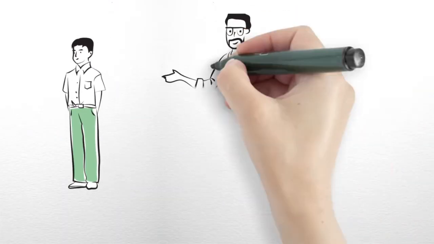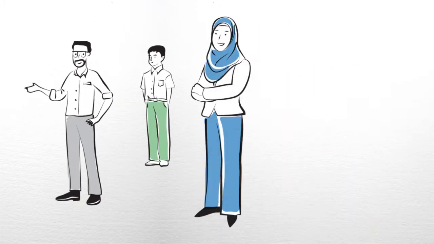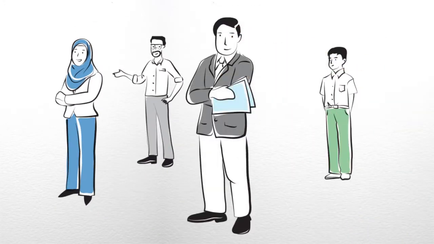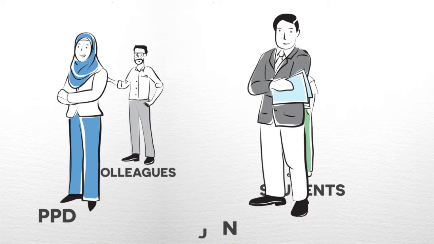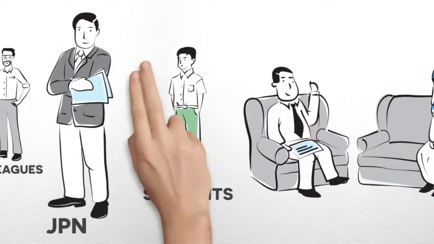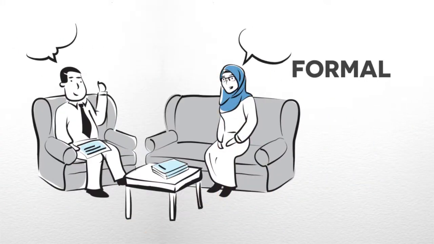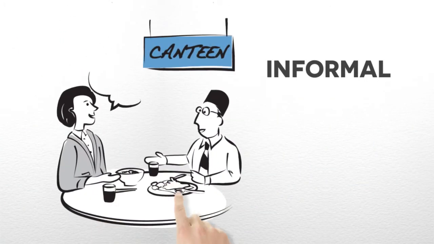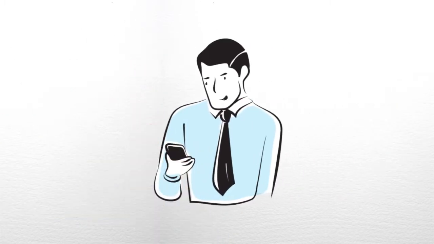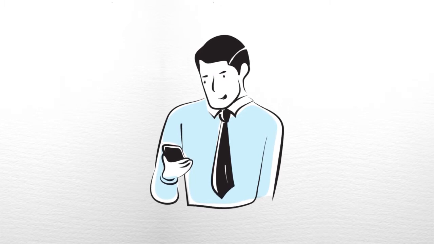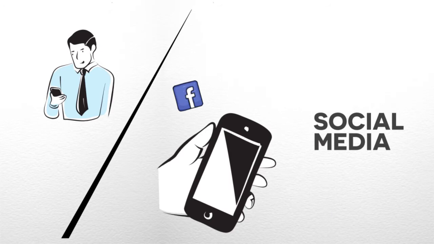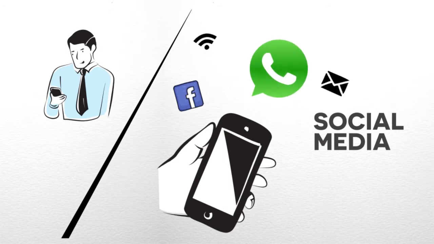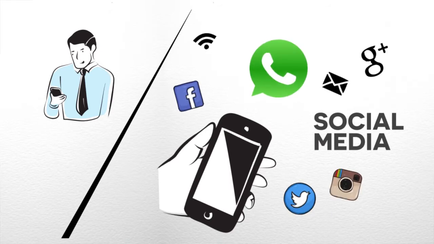Interviews can also be done with other parties in order to obtain information such as with students, colleagues, PPD, and JPN. The interview can be performed formally or informally regarding the job scope of the PYD. Interviews may also be done in person or by utilizing social media such as Facebook, WhatsApp, email, and by telephone.